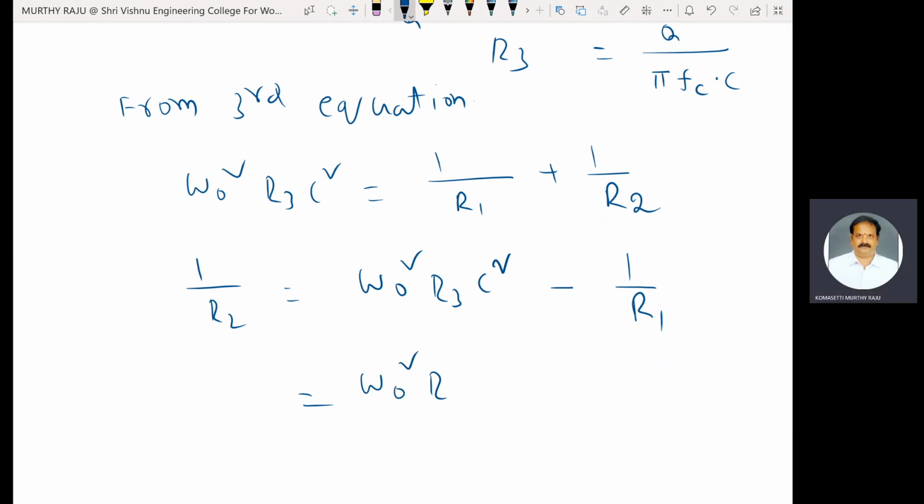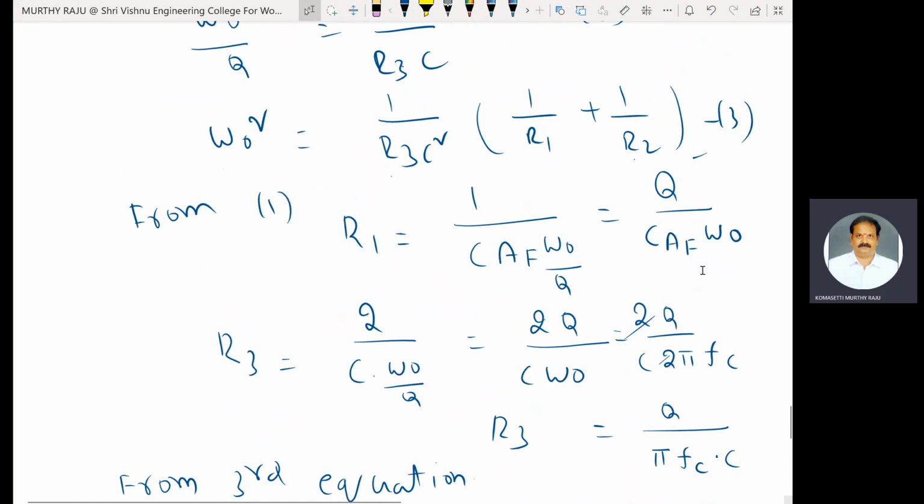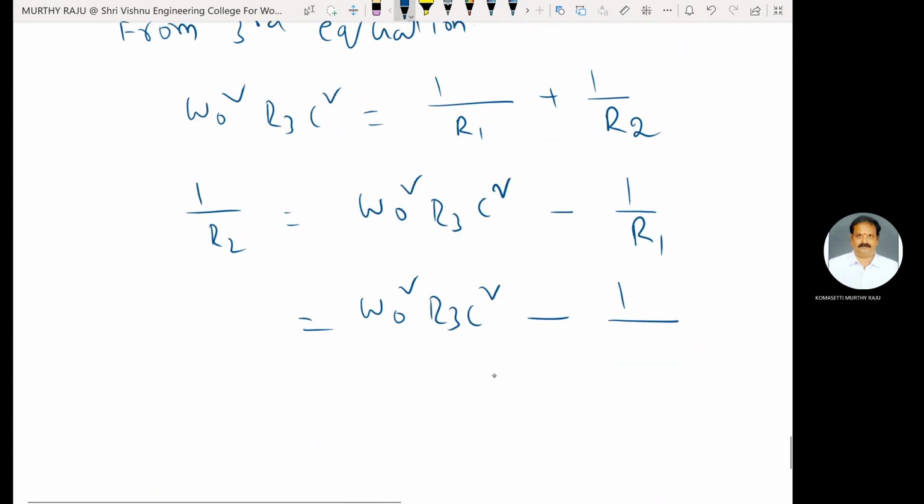Here the R1 value is Q by C AF omega naught.